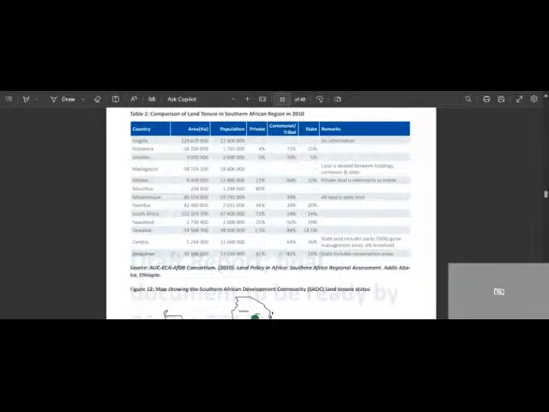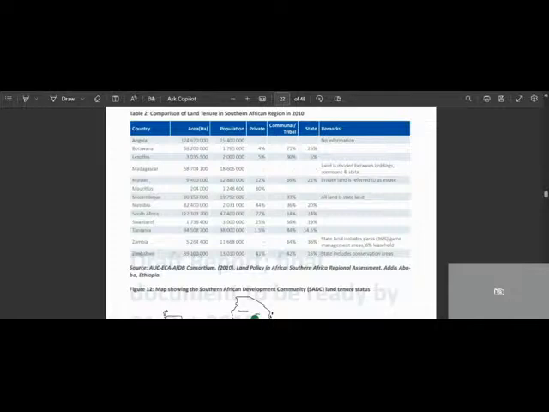We have 82.4 million hectares of land. One hectare is a football field, those 70 stadium.